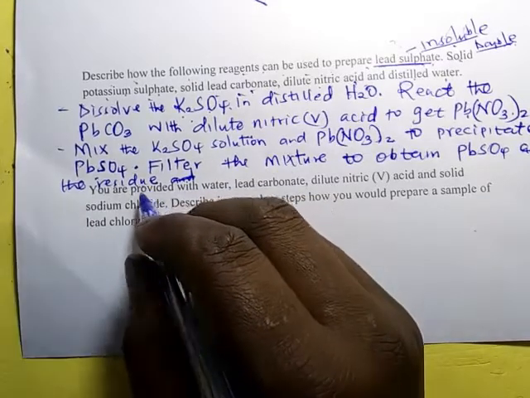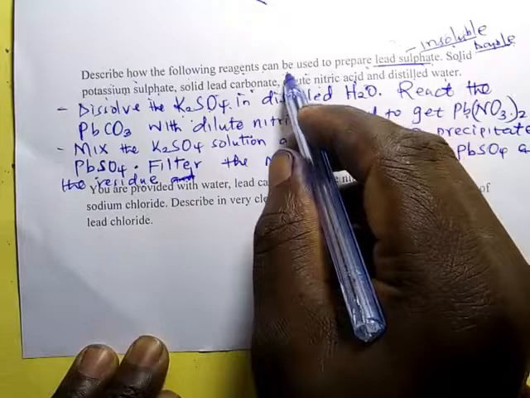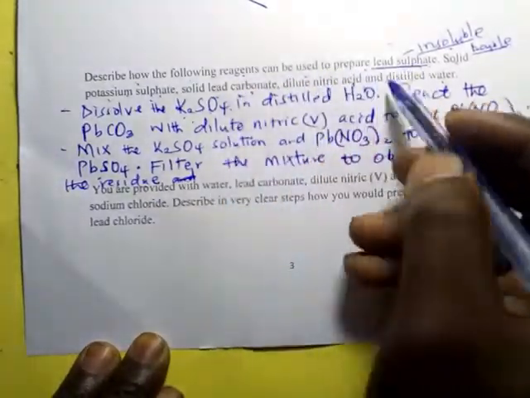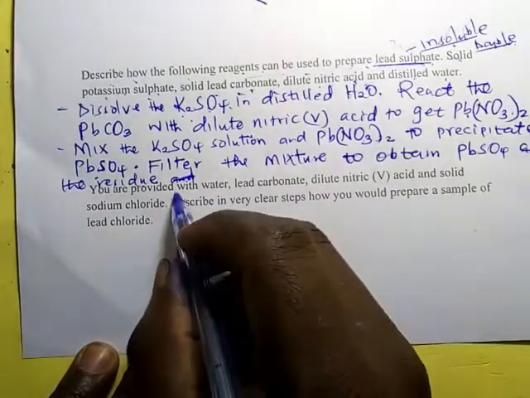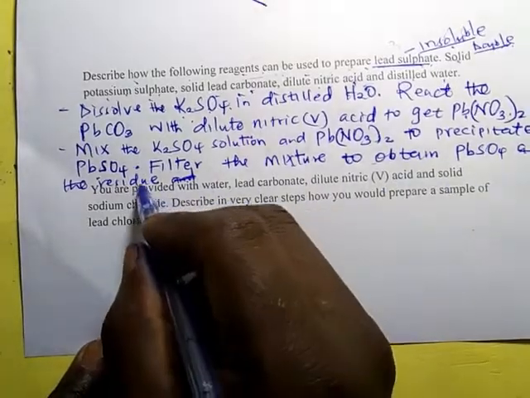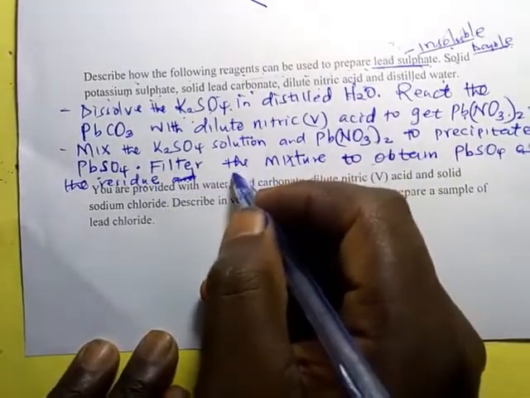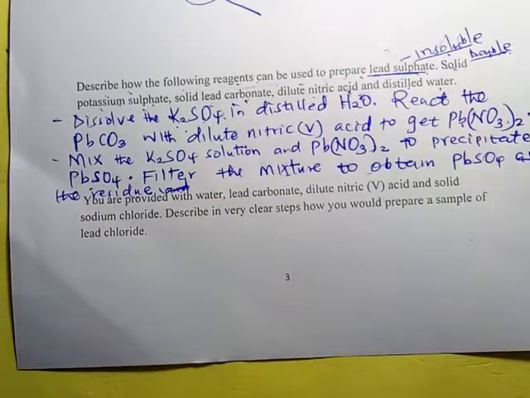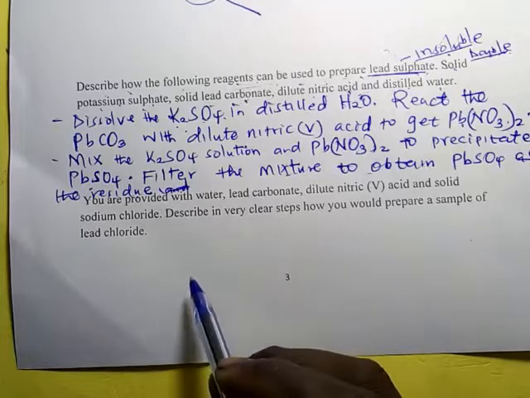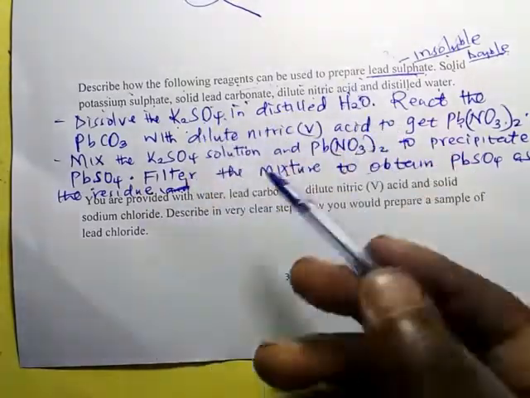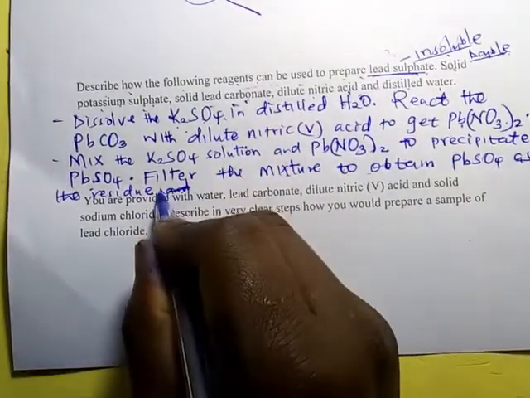Then what is next? Because we wanted it pure, and we have used pure reagents to prepare the lead sulfate, there is no need of washing. We can leave it at that point. So filter the mixture to obtain lead sulfate as the residue, and that is all. We stop at that point. If we are asked to prepare pure, we need to wash it. If we were asked to give a dry solid, we need to dry it, but here we are not asked to dry it, so we can stop there.